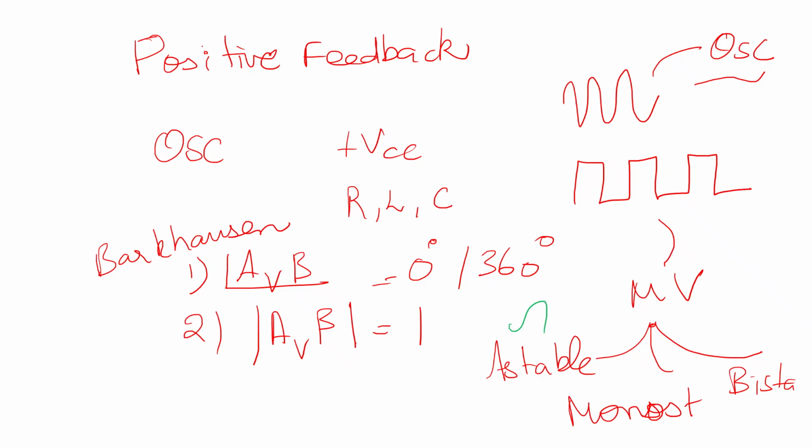The circuit operates without any stable state, so the output waveform will be continuously oscillating. In a monostable multivibrator, one state is stable and the other is quasi-stable. In a bistable multivibrator, there are two stable states. So we will discuss the astable multivibrator.